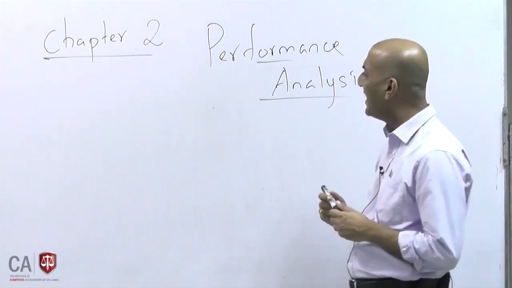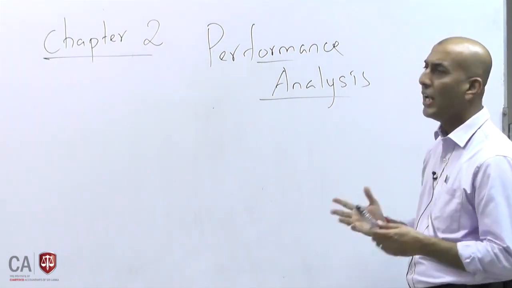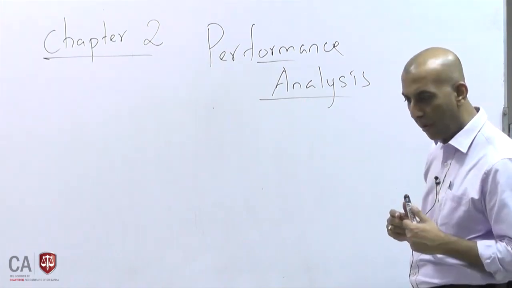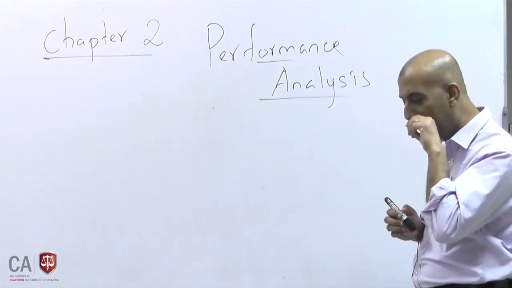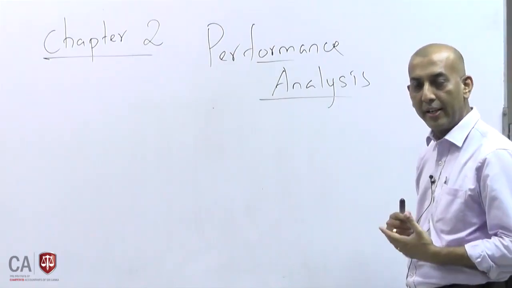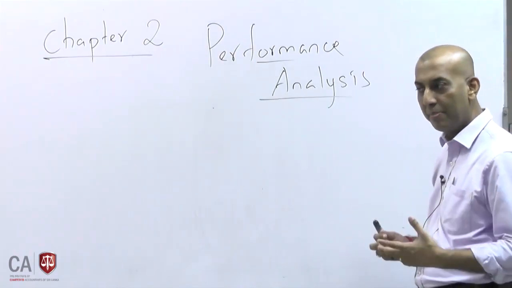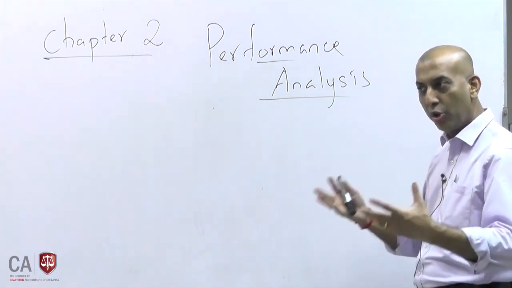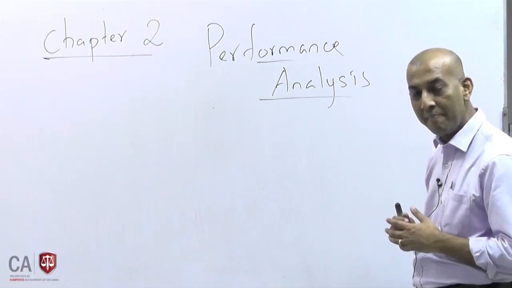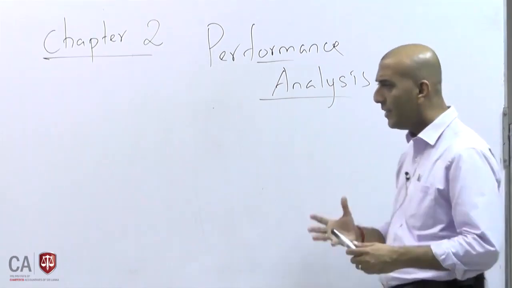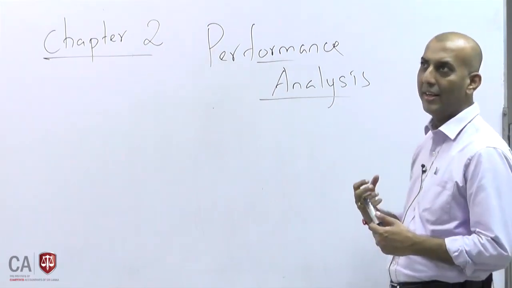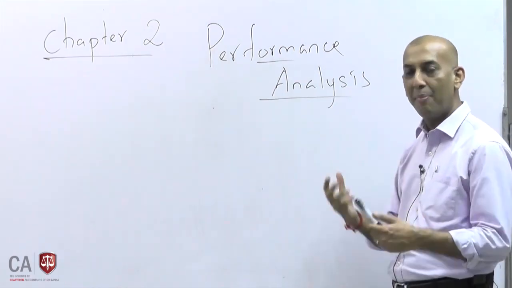For performance analysis, you would like to know how the company has performed. Each company's financial statements reflect that performance, right? The P&L or income statement and the balance sheet will show you how the company performed and what the financial position is. But still that information alone cannot guide you on how the company really performed.